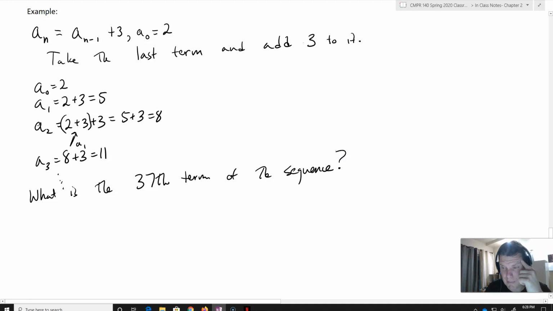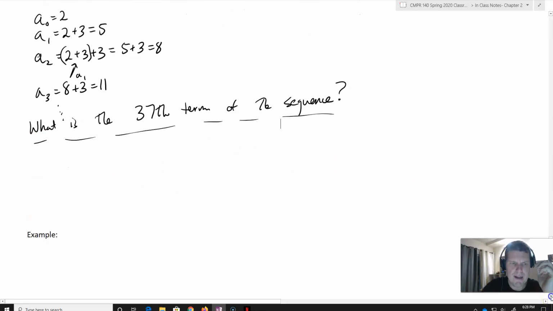That might take a long time. I mean, 37 might not be terrible. It's no fun, but it's not so bad. Find the 7,000th term, though? That's no good. We don't want to do that. So consequently, we're going to need to find another way to write out these recursive relations, and we will in just a moment.